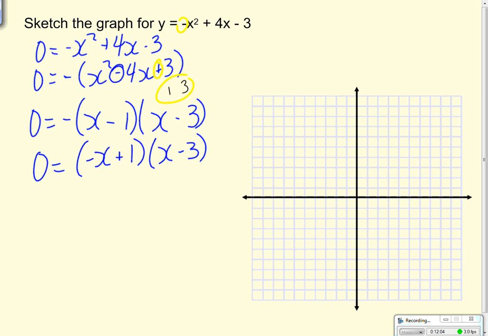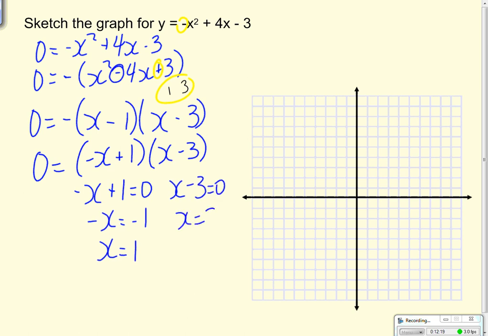And I can set these equal to 0. So negative x plus 1 equals 0. Negative x equals negative 1, so x equals 1. And we have x minus 3 equals 0, so x equals 3. So our first two roots are 1, 0, and 3, 0.